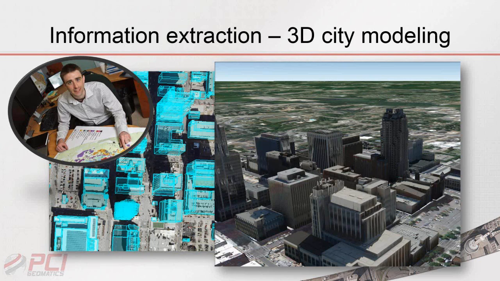We can create a 3D model and drape the texture of the imagery on top of the wireframe. So here we have the wireframe outlines of the buildings that have been drawn in a software suite that we have available called 3D Feature Extract. And based on those mesh wireframes of the buildings, we can drape the texture on top of them.